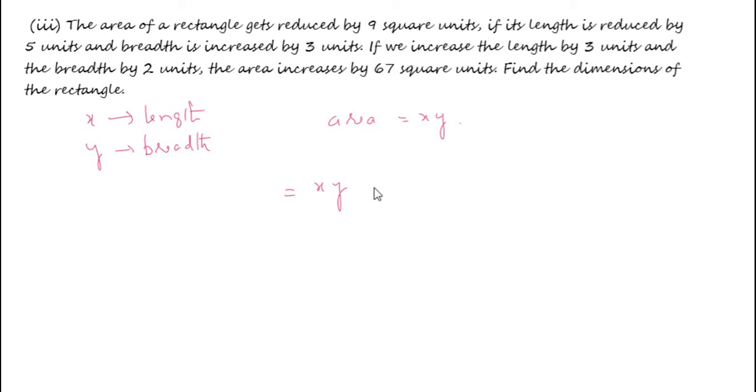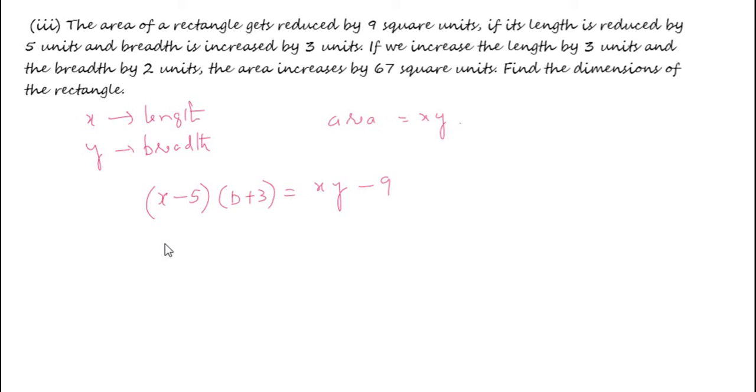It gets reduced by 9 units, minus 9, if its length is reduced by 5 units, so x minus 5, and breadth is increased by 3 units, so y plus 3. This is the new length, this is the new breadth, and if you multiply, the area that we get is the original area minus 9.